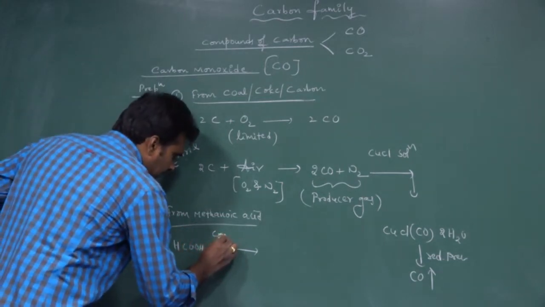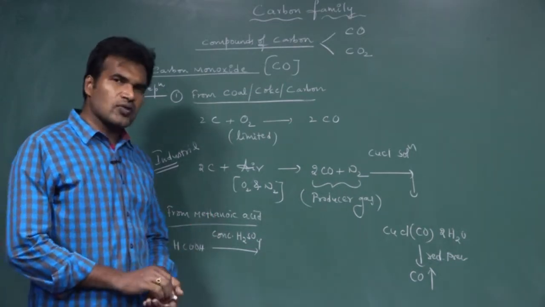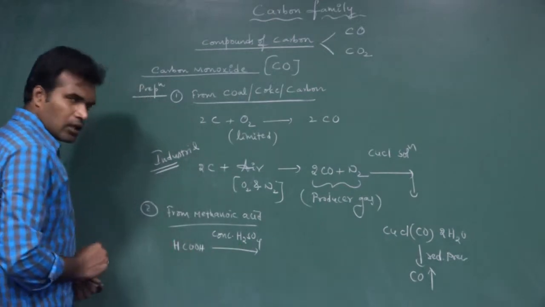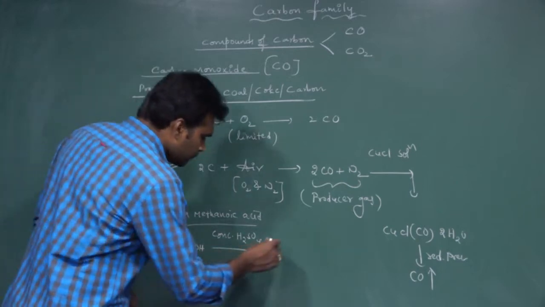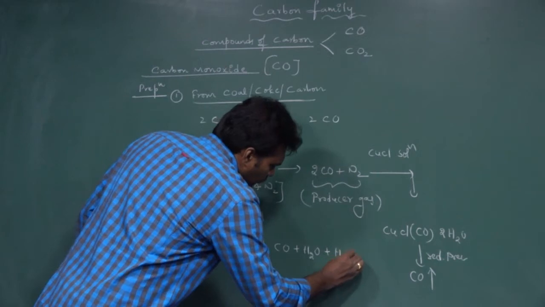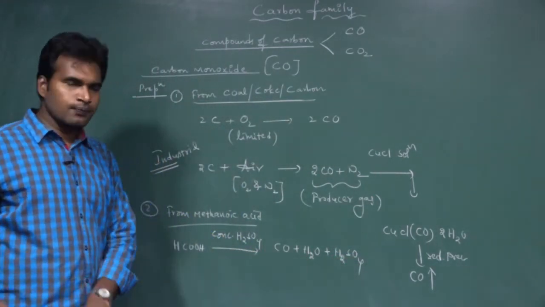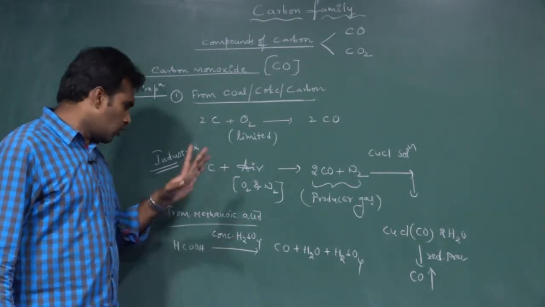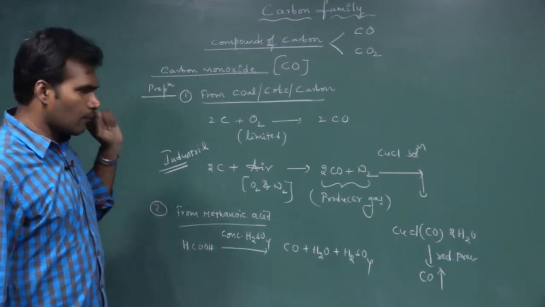I am using the dehydrating agent, that is concentrated H2SO4, having a high affinity towards water. So when you add the concentrated H2SO4 to the formic acid, it immediately removes H and OH from it, and what remains is CO, plus H2O with H2SO4. So likewise, simply by removing the water from methanoic acid using the dehydrating agent, concentrated H2SO4, we can prepare carbon monoxide. So these are the three best methods of preparation of carbon monoxide.